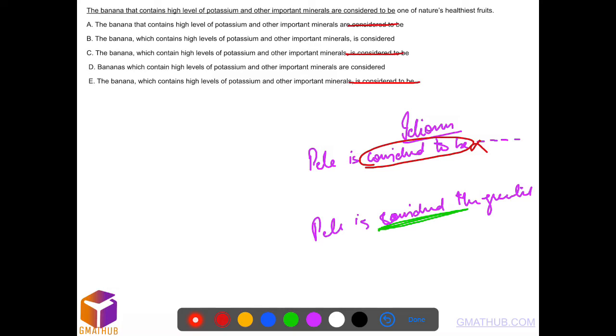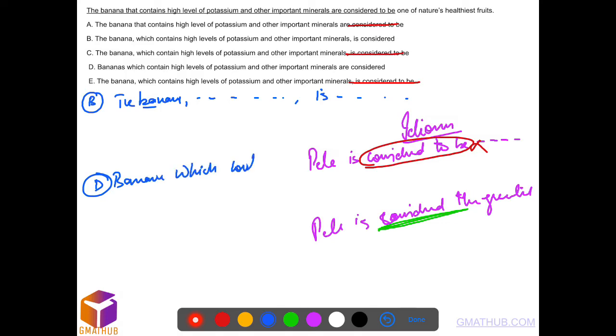Then out of option B and D. B says "the banana which contains so and so is considered good food." D says "bananas which contain so and so." So there are two things here we can use.